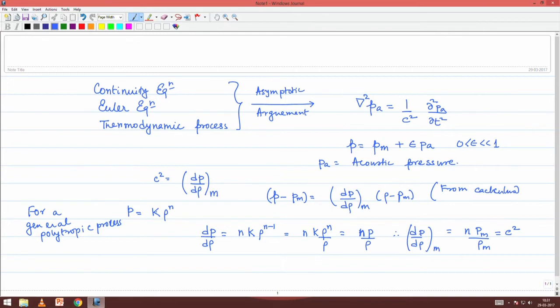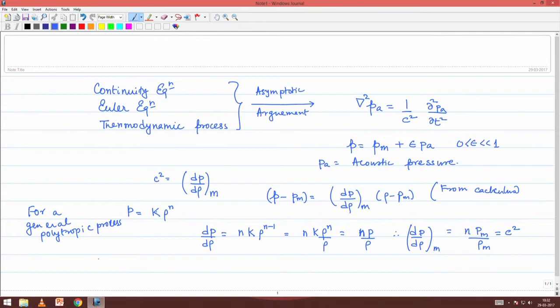Later we shall see that this quantity C is just the wave speed. But before we do that, we must understand what value we should choose for n. Remember, n is just an arbitrary number at this stage, because we assume that the thermodynamic process is a general polytropic process. Now we need to understand what number we will choose for n.